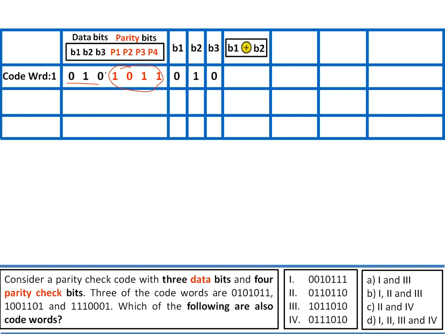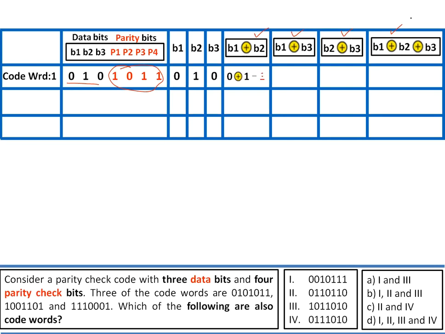So B1 XOR B2, B1 XOR B3, B2 XOR B3. These are the combinations from which they can prepare these 4 bits: 2-bit combination, 2-bit combination, and 3-bit combination. Likewise, they're prepared, guys. The combination you have to check is 1011.